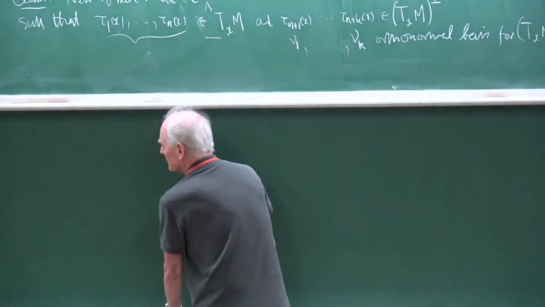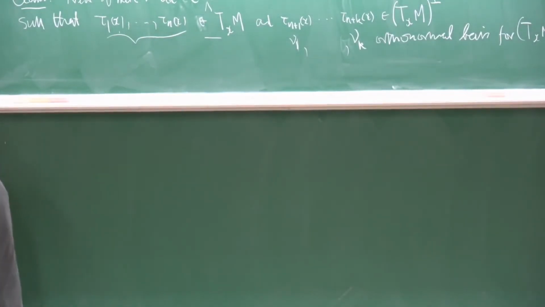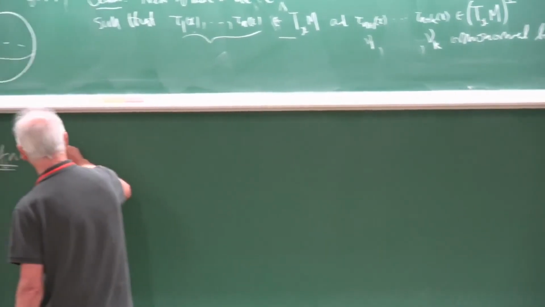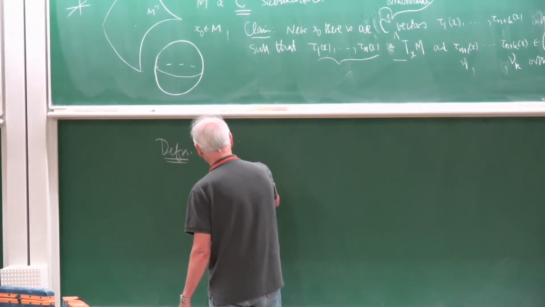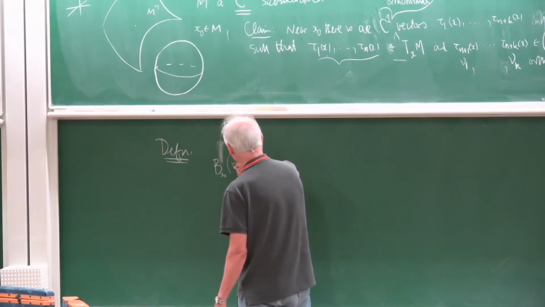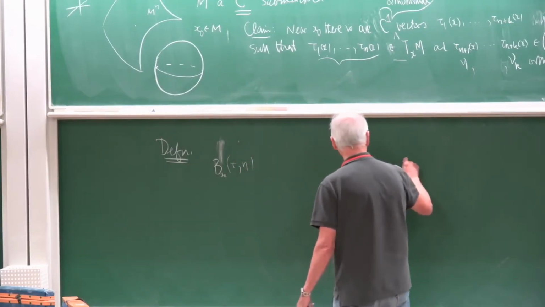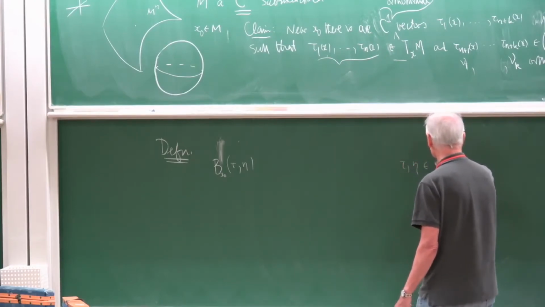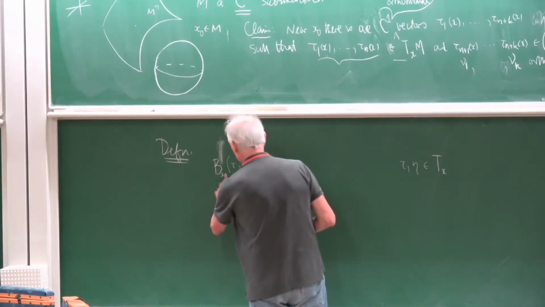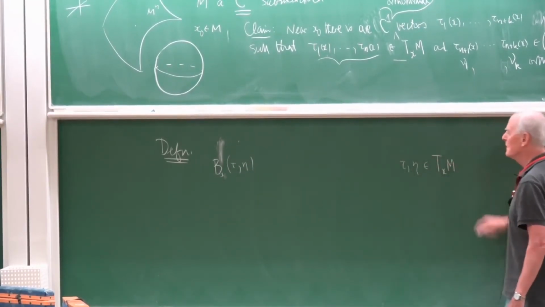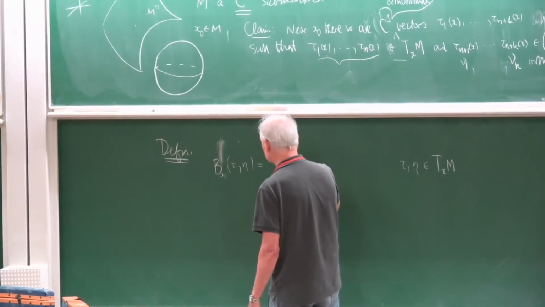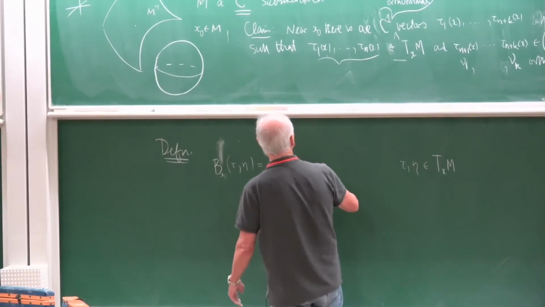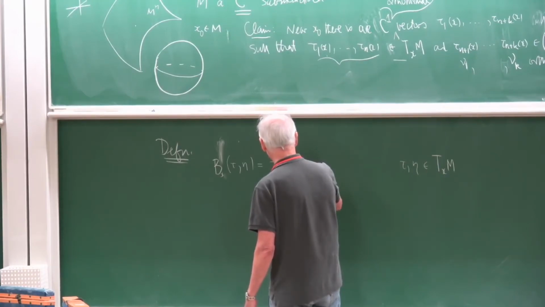Okay, then you can define the so-called second fundamental form of M. Definition: the second fundamental form B at a point x, of τ and η, where τ and η are tangent vectors, is defined to be minus, it looks a bit weird at first, the sum from j equals 1 up to k.